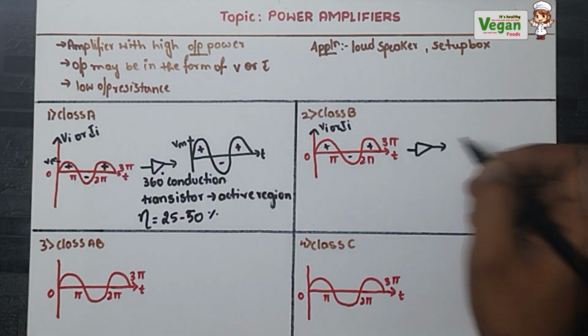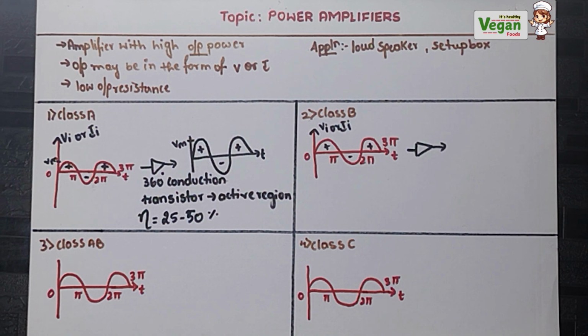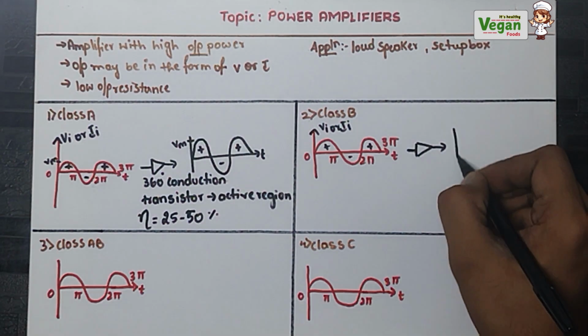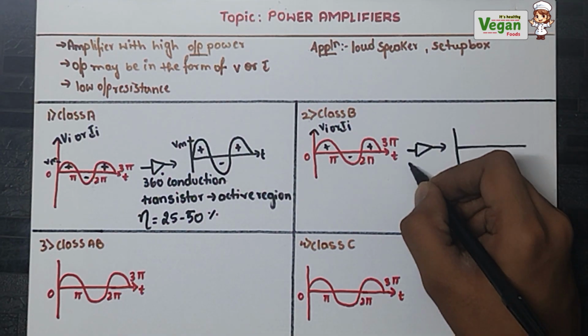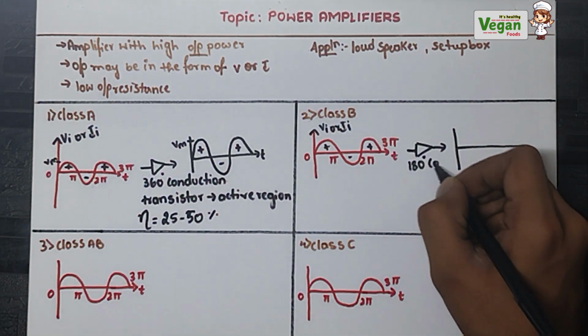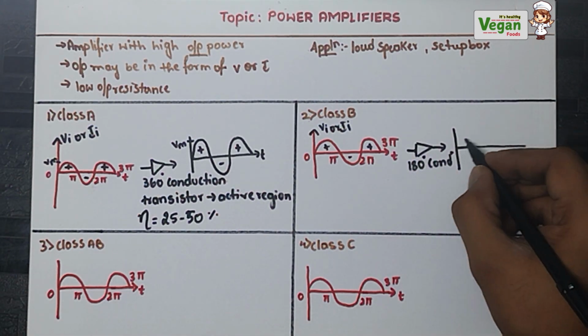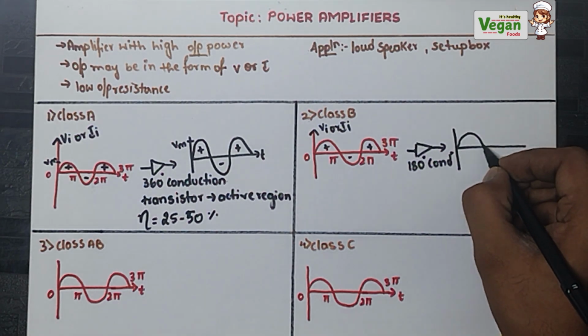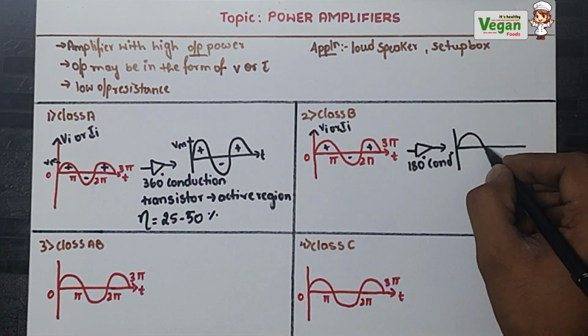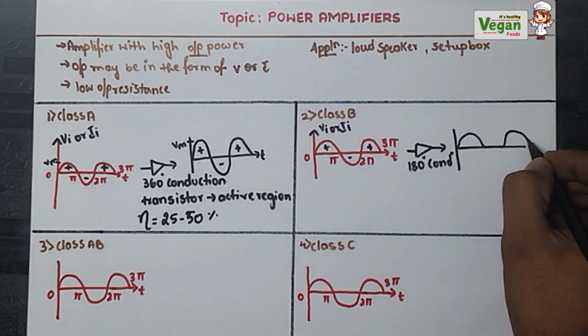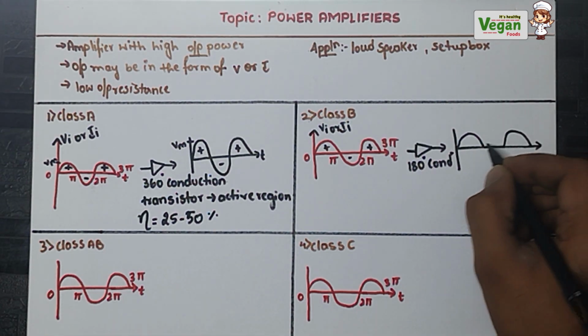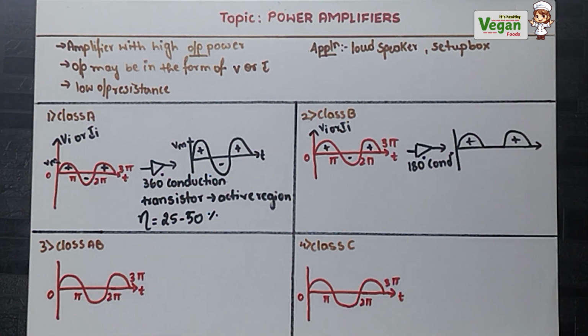If we give input to the class B amplifier, it will conduct for 180 degrees. 180 degree conduction means it will only amplify the positive half cycle and nullify the negative half cycle.